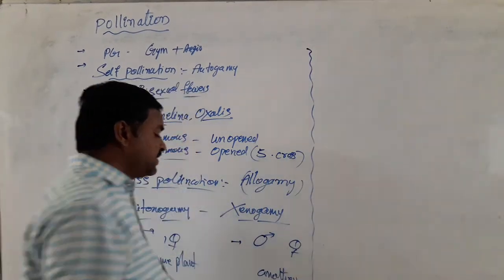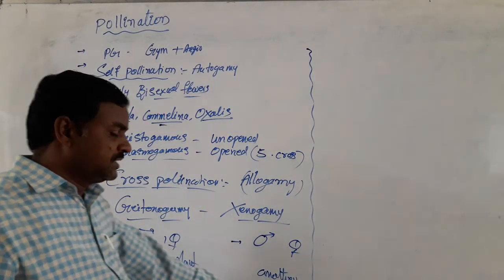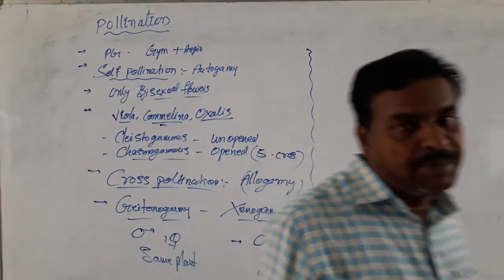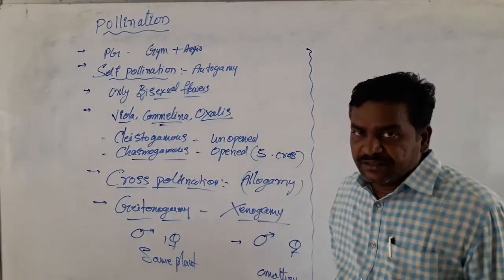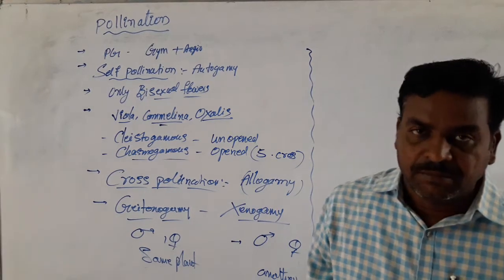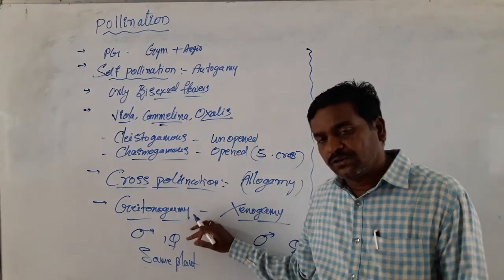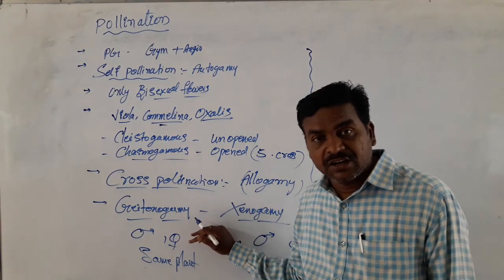This is considered xenogamy. So geitonogamy is functionally cross pollination, but genetically it is autogamy. Why?